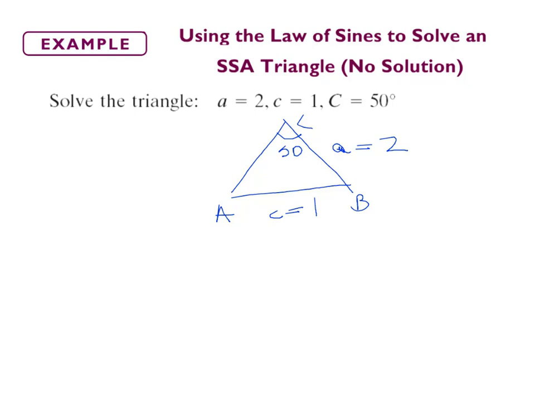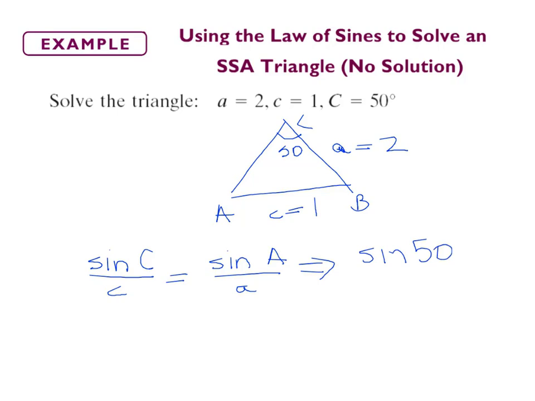So again, I can say the sine of C over c is equal to the sine of A over a. So that means I have the sine of 50 over 1 is equal to the sine of A over 2.